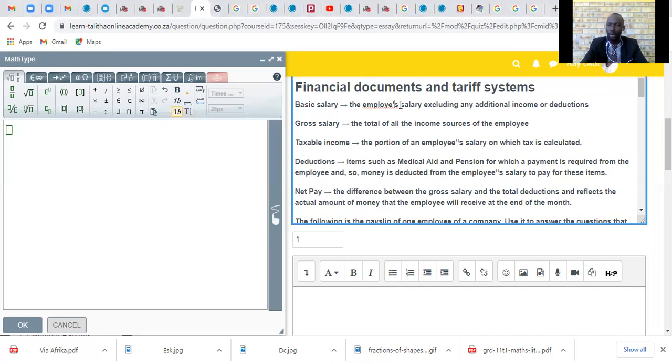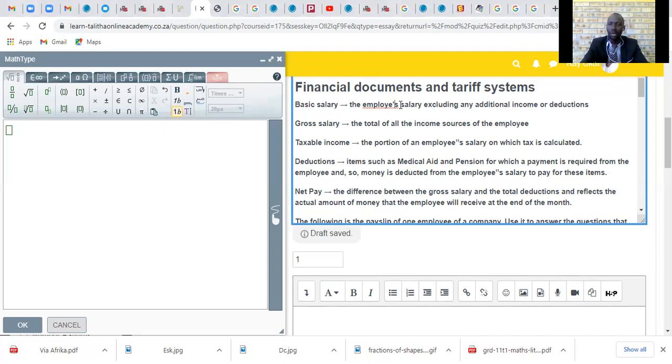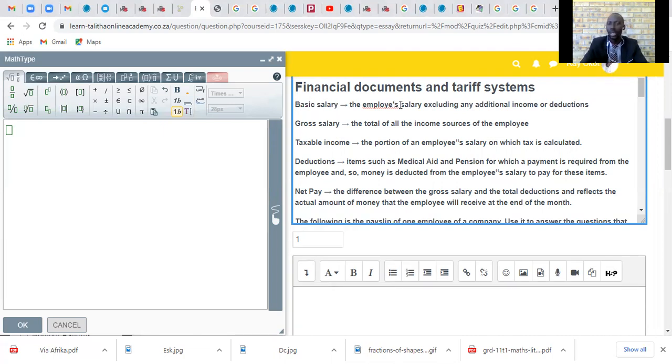You have done some job and, after doing the job, they said, we are going to pay you. Then when they pay and you receive a notification, for example, in your message on the phone, the amount of money you have received a notification for is what we call the basic salary.